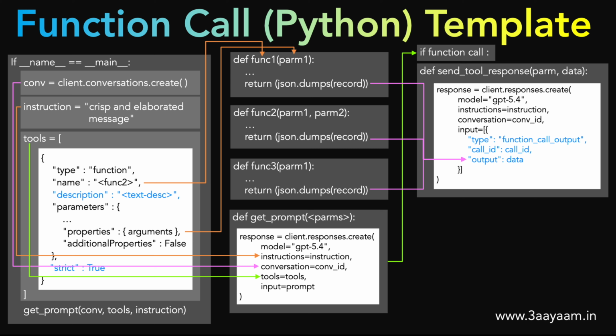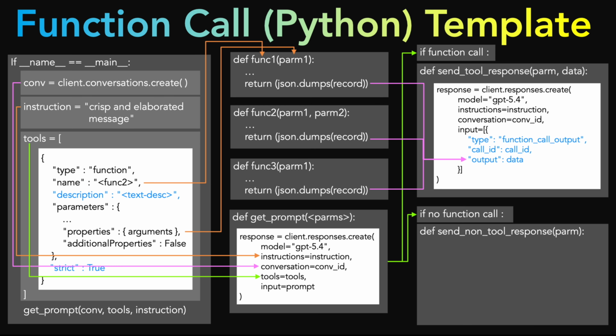Now, there can be scenarios where the large language model decides not to use any function call. It is not making any call to any of the functions. That might also happen, maybe because the user prompt was not clear enough, or the user asked something else altogether. So in that case, if there is no function call, we want to send the response just like any other large language model response.